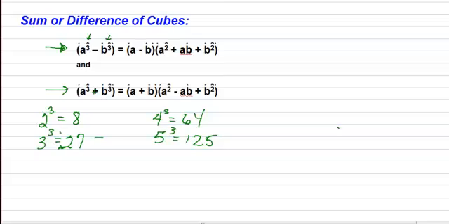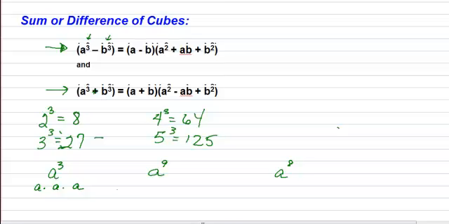That said, we also want to go about recognizing perfect cubes with variables. And we see that a cubed is a perfect cube, and we know that that means a times a times a. And this works in a similar way to how we did the squares. Let's say we have a to the 9th and a to the 8th.